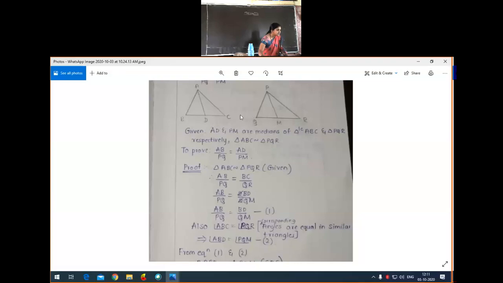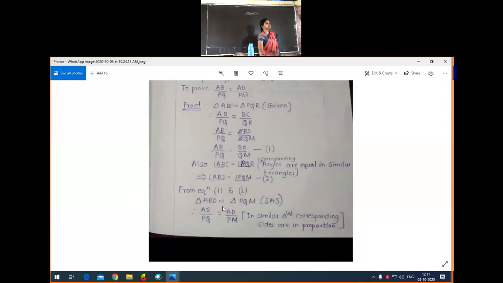Can we say that these two triangles are similar now? Because AB by PQ is equal to BD by QM, and one included angle is equal. According to SAS similarity criteria, triangle ABD is similar to triangle PQM.